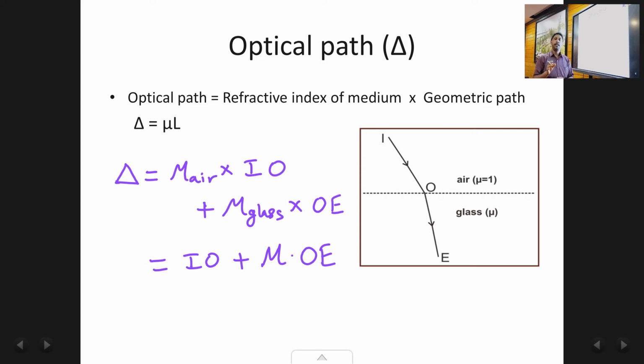So please keep this in mind. In this chapter, whenever we are calculating the path traveled by the ray of light, we have to use the formula for optical path and not just physical distance. So optical path is actual physical distance multiplied with the refractive index of the medium in which light is traveling. Okay, let's move on forward.